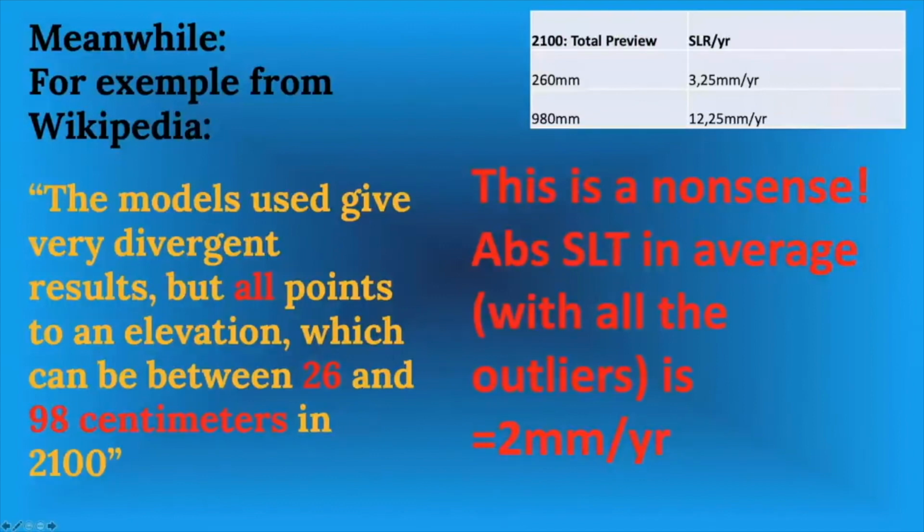When you make the accounts, it means that sea level rise should be about 3 millimeters in this case and 12 millimeters in that case. And you have seen that if 3 millimeters can be compatible with the satellite altimetry, this is completely foolish.